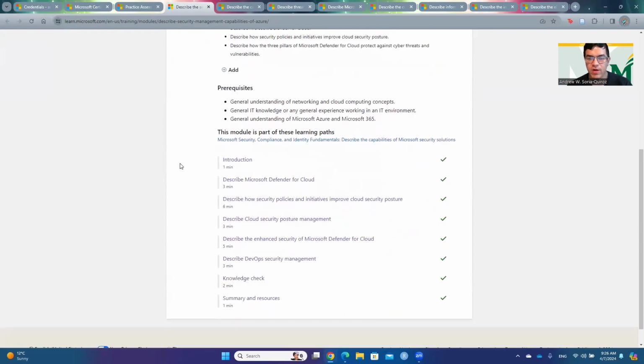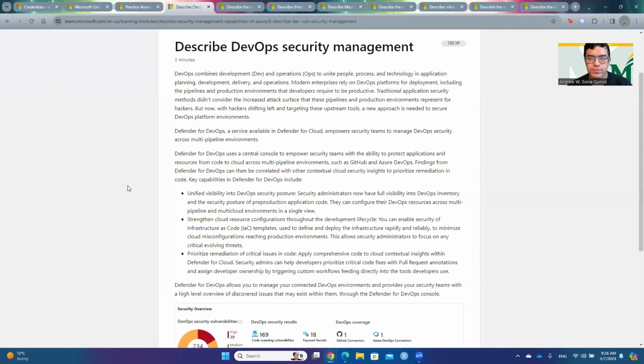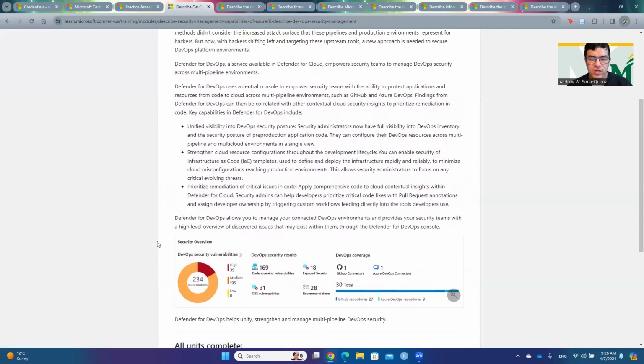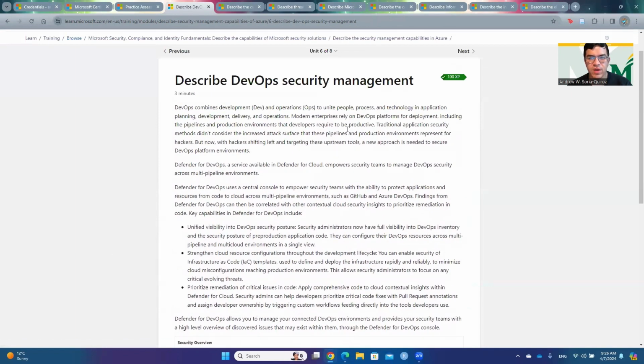You also have how you can use DevOps security management. So that's something else there. Let me open it really quickly to go through it. You have the DevOps part here where you can see some additional stuff and how you unite people, processes, and technologies in application planning, development, delivery, and operations.